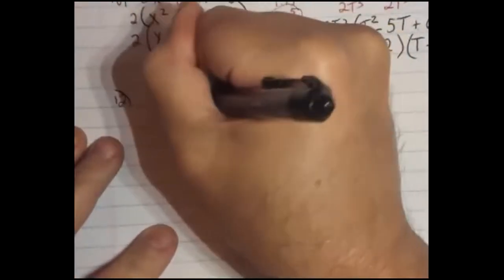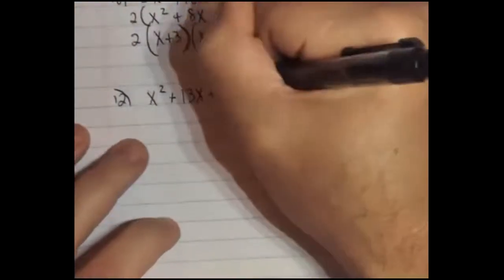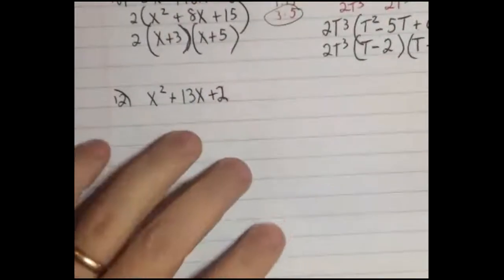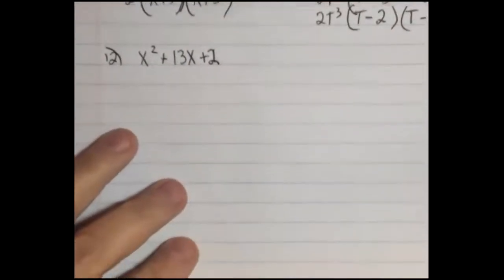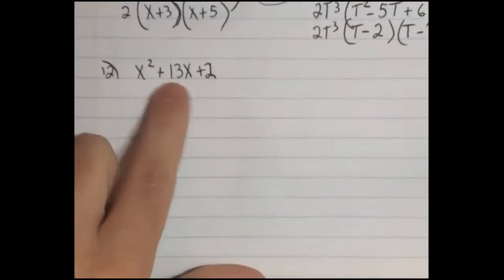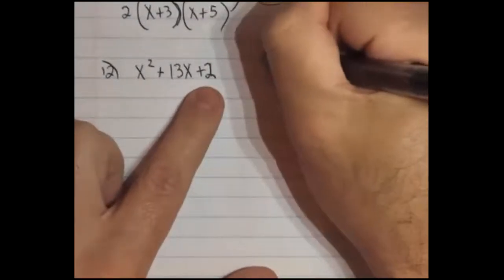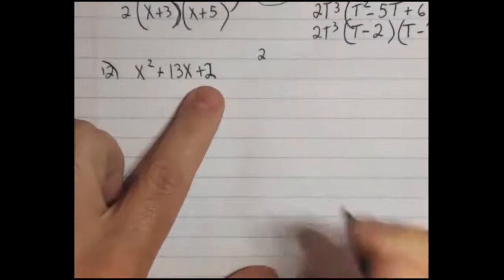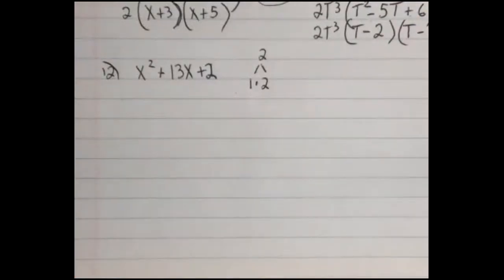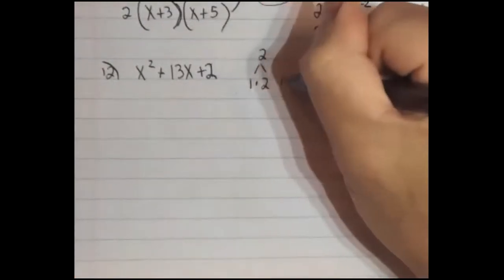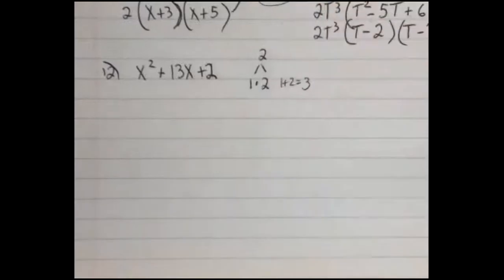Like I said, I only saw 1 out of the 20 problems. So maybe you'll have 2, but I'm not sure. So you have this trinomial that they want to factor. It's x squared plus 13x plus 2. So again, we look at the last number, which is 2. What are the ways to get 2? Well, only 1 times 2. What does 1 plus 2 equal? 3.